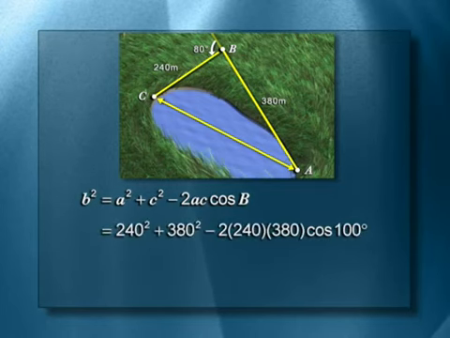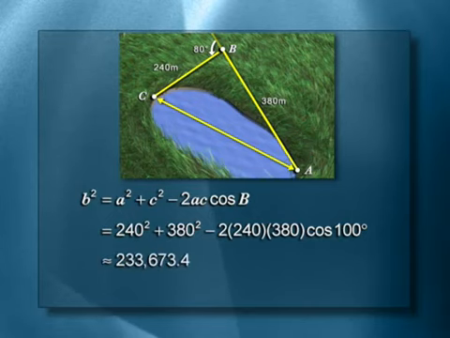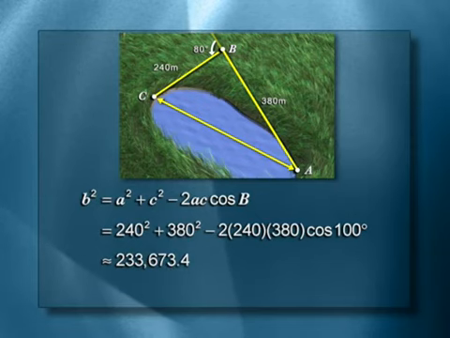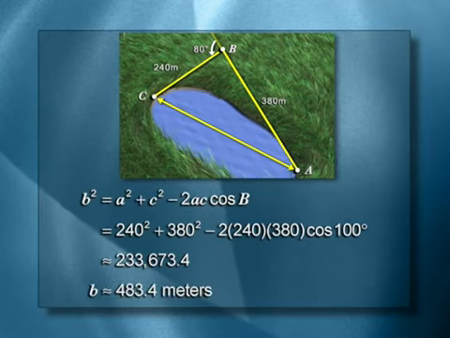And plug in the numbers: 240 squared plus 380 squared minus 2 times those numbers, 240 times 380, times the cosine of the included angle, which was 100 degrees. Punch that on our calculator, we get a big number, 233,673.4. Wow. But it's the square root we want, and the square root's about 483.4 meters.